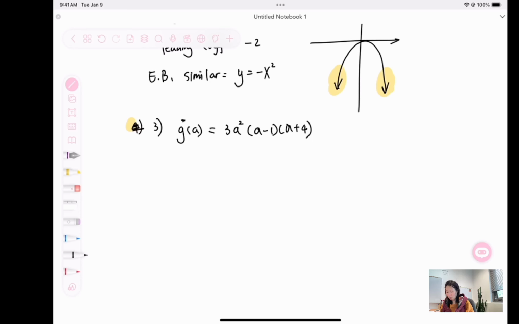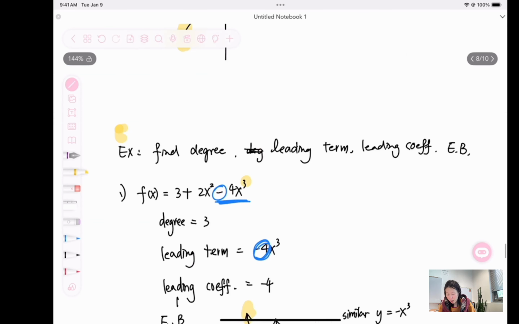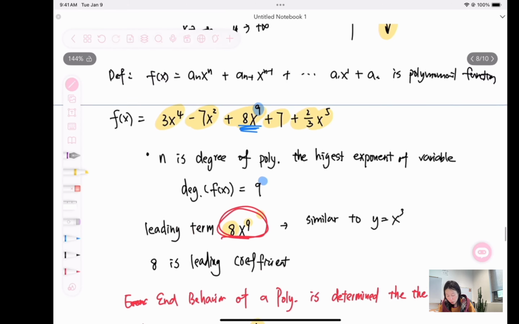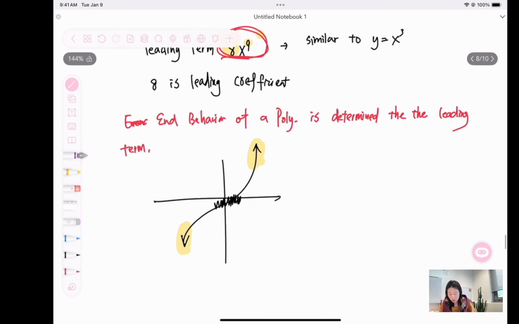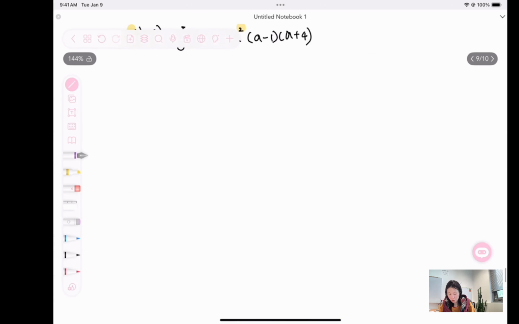Oh, it looks like this guy, right, squared, but that's not true because this is a multiplication. When we're talking about a polynomial, the combination should be add or subtract. It's the sum instead of multiplication. So that means we need to distribute the function.